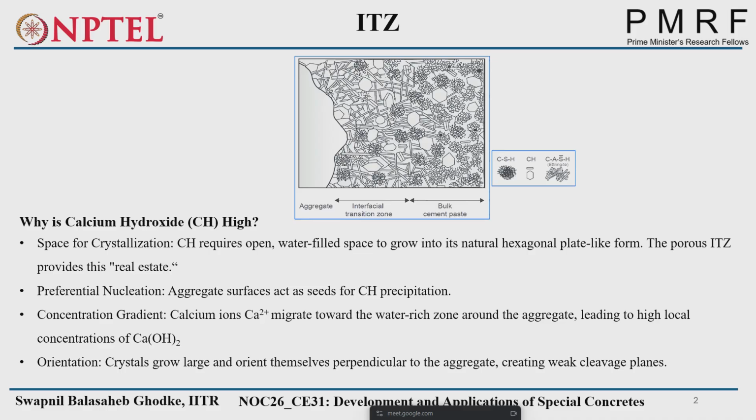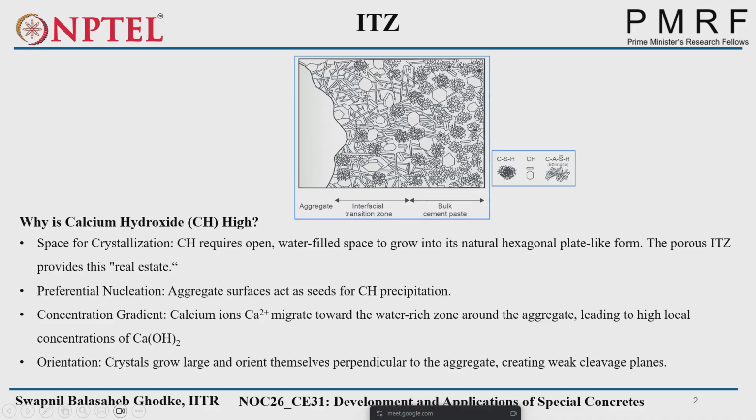CH requires more space to create its hexagonal plate-like form. In the presence of CSH, CH will not get that much space. But in the ITZ, CH has plenty of space because of fewer cement grain particles. CH comes from the ionic solution: calcium ions, Ca2+, migrate from the cement matrix toward the water-rich zone in the ITZ.